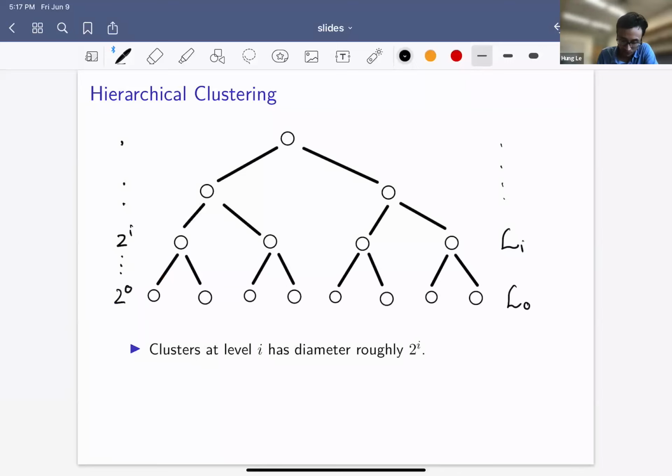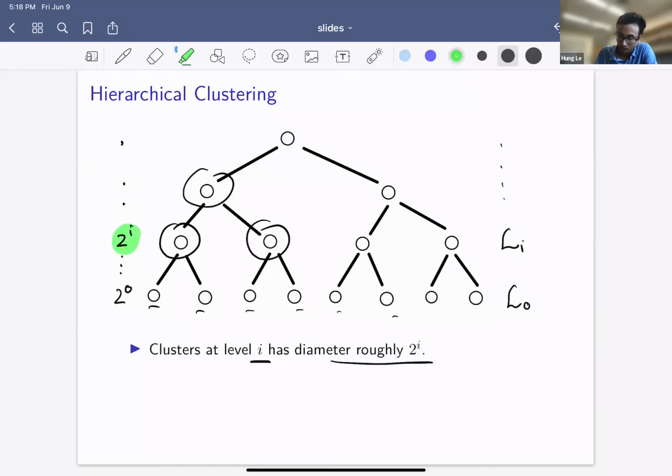Basically, we start with all the vertices in the first level, and then in the second level, we group some of the first level vertices into clusters, and then the third level is obtained by grouping some second level clusters, and so on and so forth. So a cluster in one level is the union of some clusters in the previous level. And a cluster at level i has diameter roughly 2 to the power i, which is exponential in i.